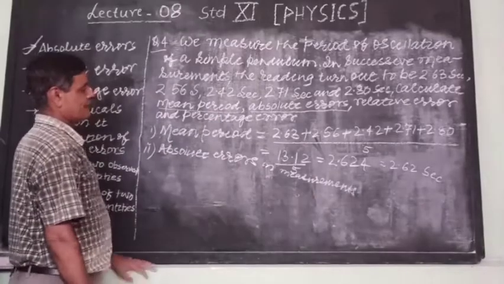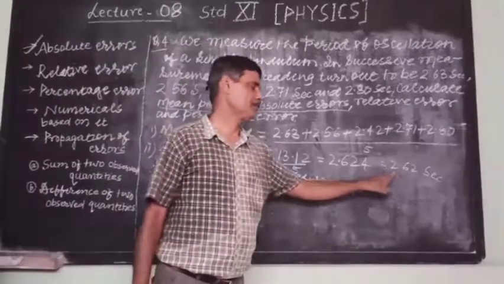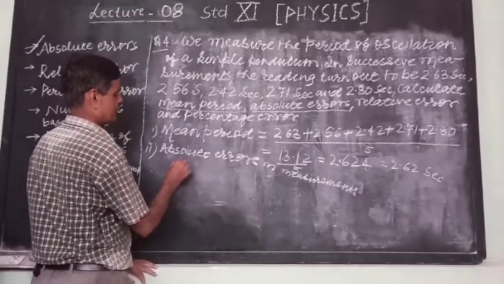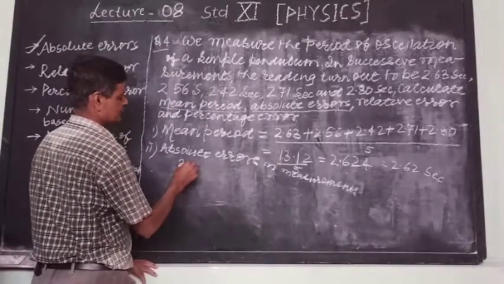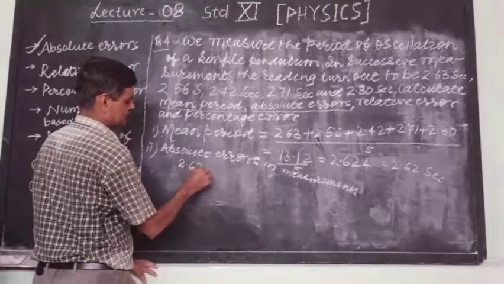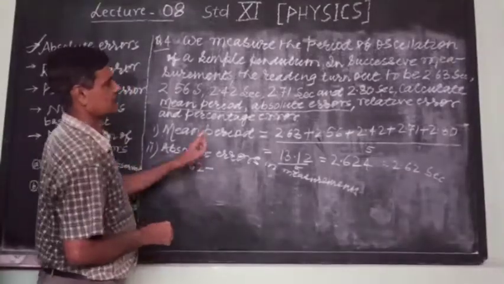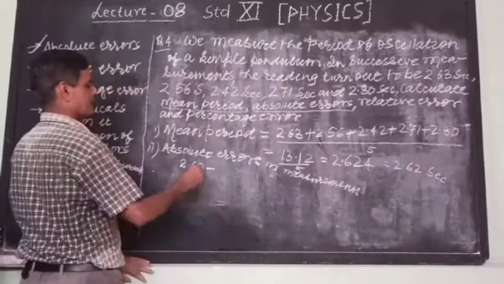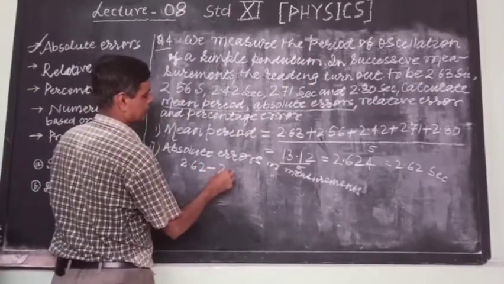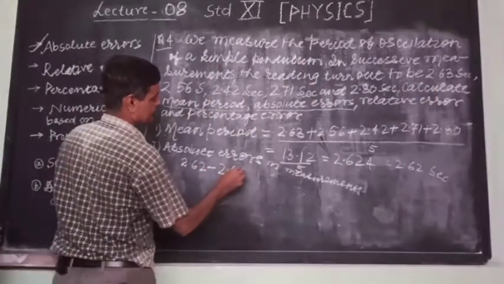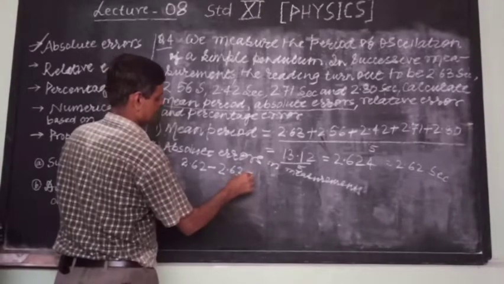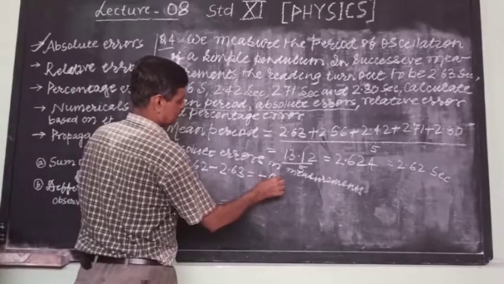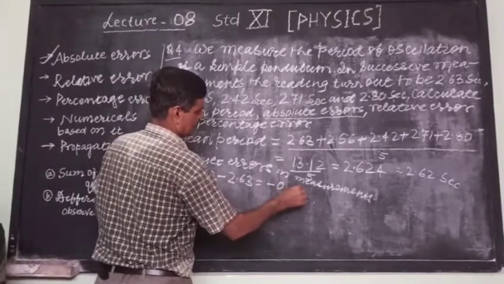First, the mean value is 2.62. So it will be 2.62 minus the first observation, 2.63, and this will be minus 0.01 second.